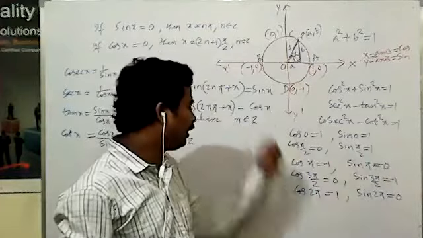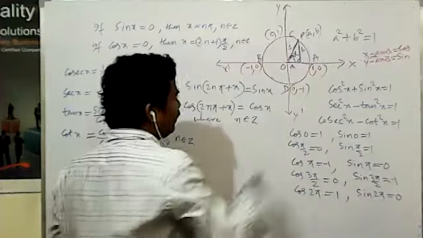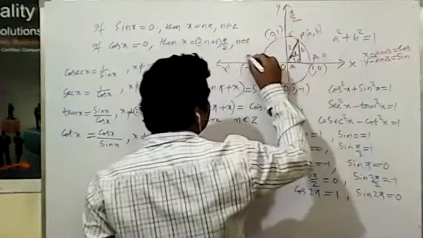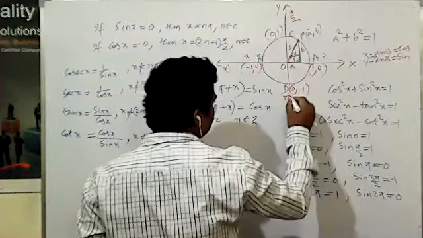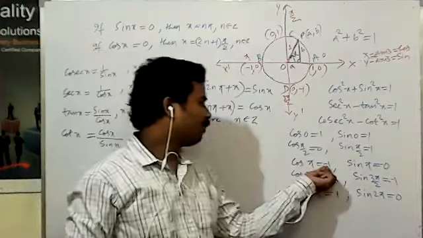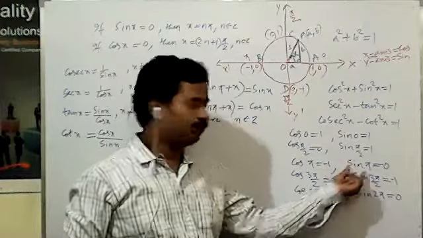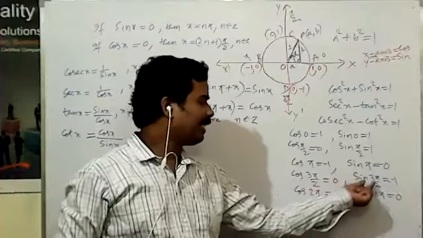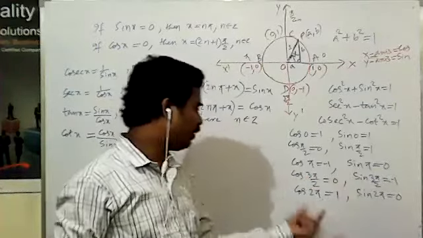This is the 3 pi by 2 angle. So this is the 0 angle, this is the pi by 2 angle, this is the pi angle, this is the 3 pi by 2 angle. Cos pi is equal to minus 1, sin pi is equal to 0, then cos 3 pi by 2 is equal to 0, and sin 3 pi by 2 is equal to minus 1.